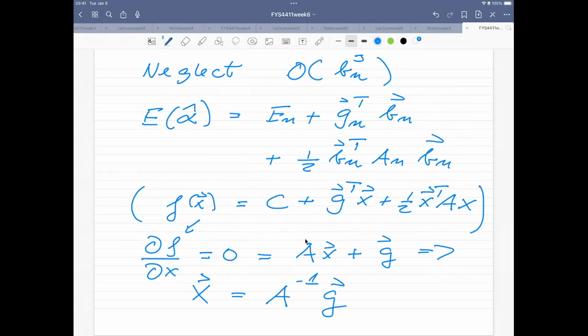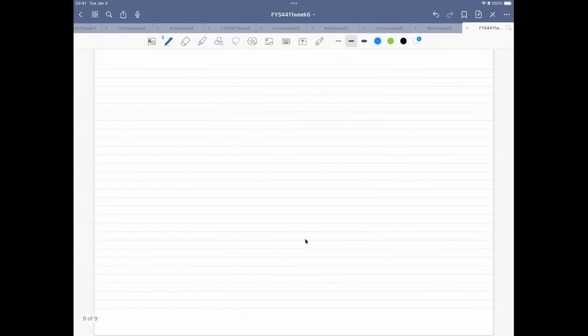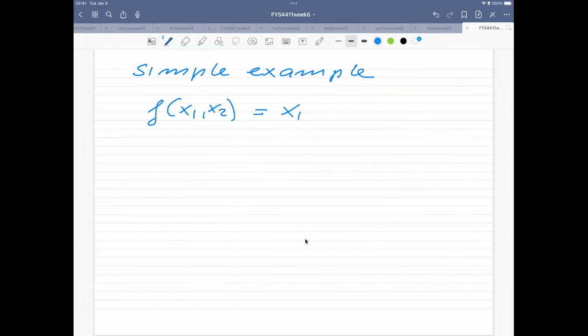Now, let's just take a simple example here to quickly remind you of some of these technicalities. So here's a function of two variables, x1 and x2. And we can write this one as a function of these two variables, x1, x2, plus 10 x2 squared. This is just an example I cooked up.